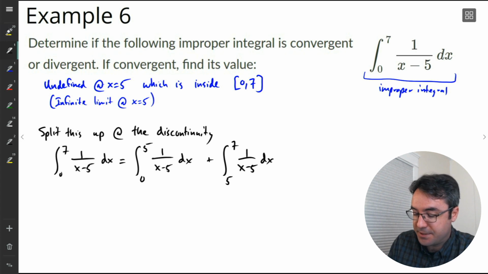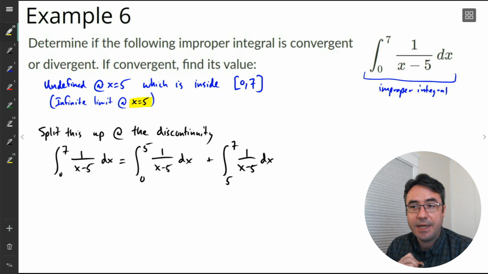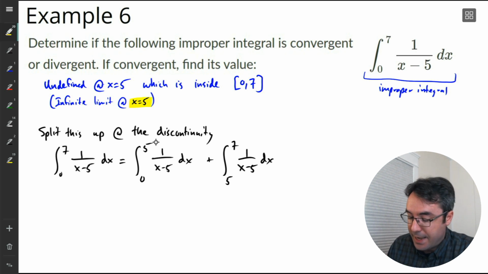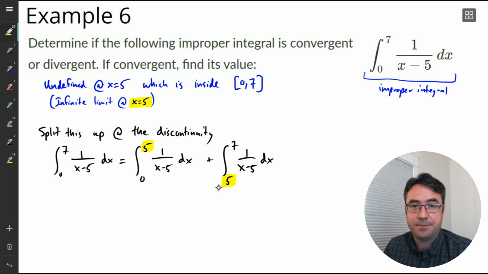And notice that because we have this discontinuity at x equals 5, we had to split up this integration at x equals 5. And so we're going to go through and calculate each of these. In order for this to be convergent, both of these need to be convergent.